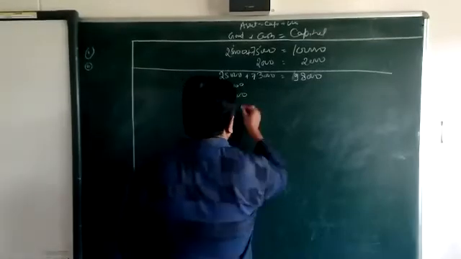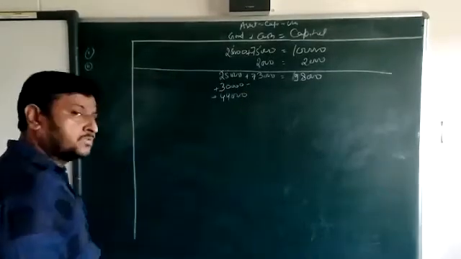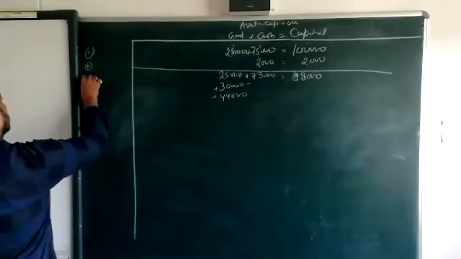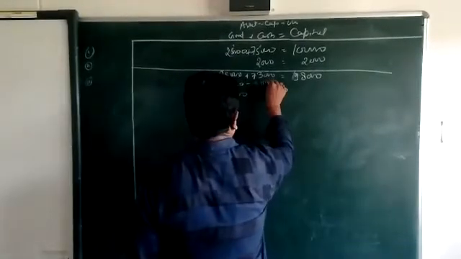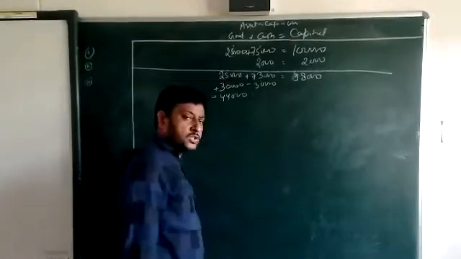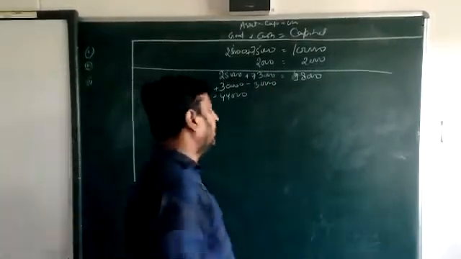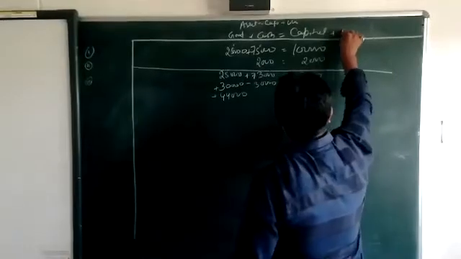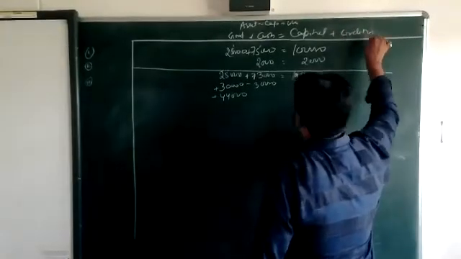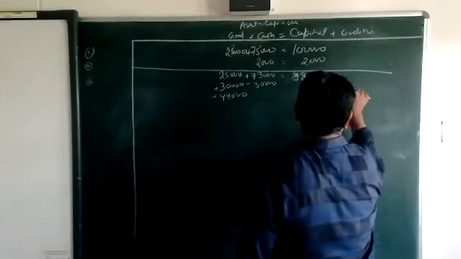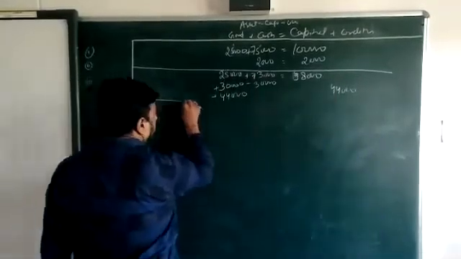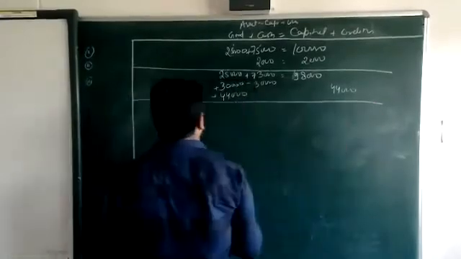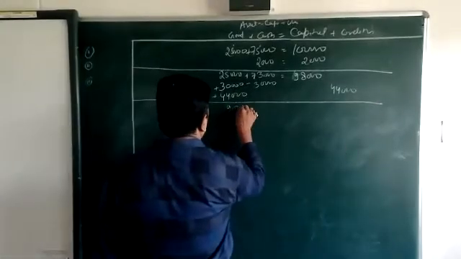Both will add, and the goods we are purchasing in cash will be less from the cash, and for the goods which we are purchasing on credit, a new head, creditor, and the amount of the new head creditor is 44,000.